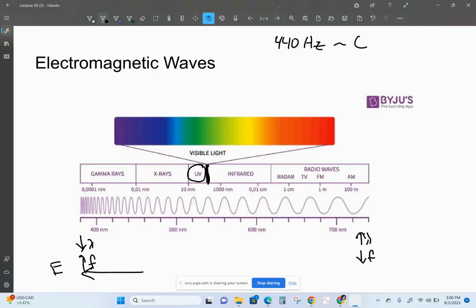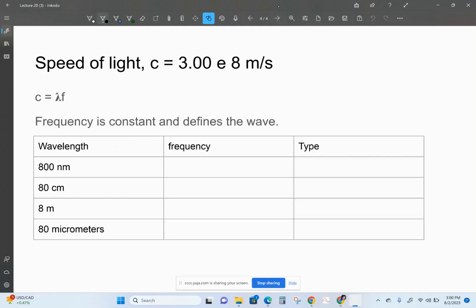So how do we figure that out? Well, it turns out that all electromagnetic waves travel at the speed of light in a vacuum or air, and it doesn't matter whether it's visible light or ultraviolet or radio waves or gamma rays. They all travel at 3 times 10 to the 8th meters per second through space.